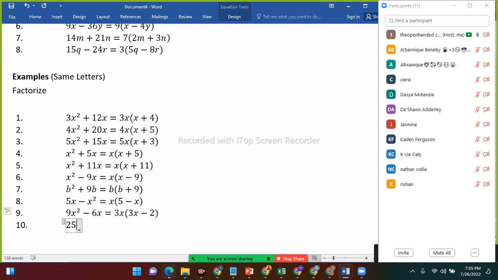If you have 25q minus 10q squared, but I want a minus 2. Good. So what is this going to be equal to, Jasmine?